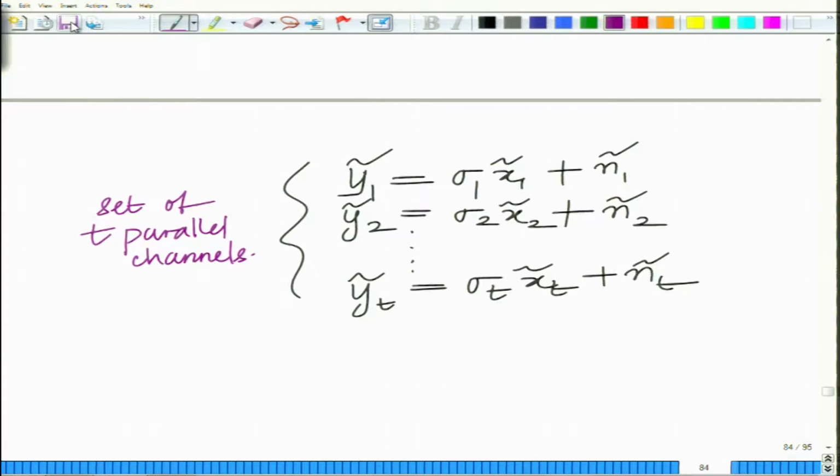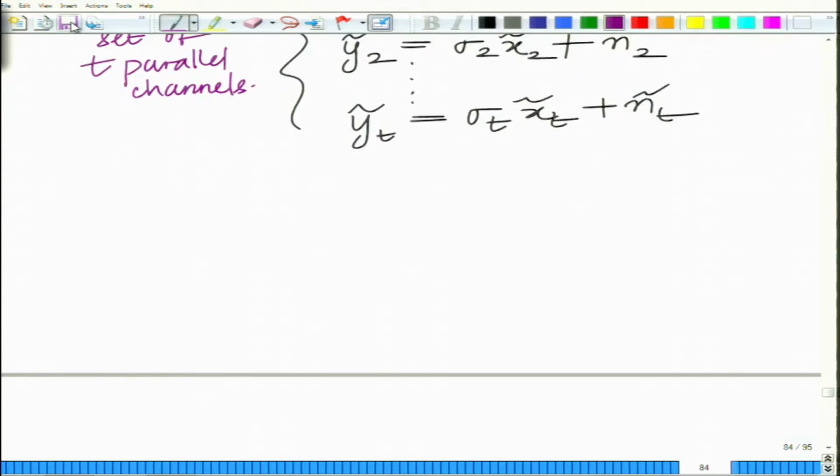This is the set of T parallel channels, correct. If you look at the ith channel, this is yi tilde equals sigma i xi tilde plus ni tilde.